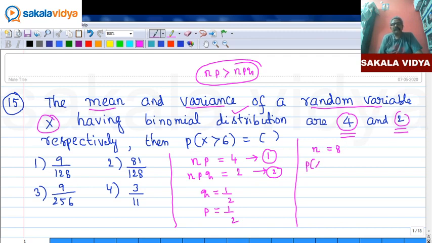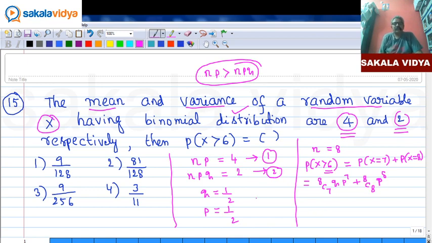We need to find P of x greater than or equal to 6. That means P of x equal to 7 plus P of x equal to 8. Since x can be at most 8, only two terms are there. So take P of x equal to 7 plus P of x equal to 8. This is equal to 8C7 q to the power of 1 p to the power of 7 plus 8C8 q to the power of 0 and p to the power of 8.